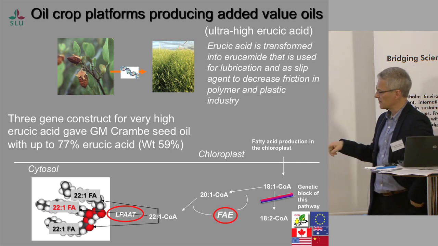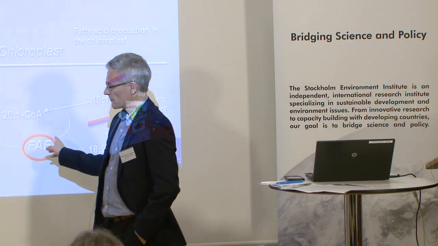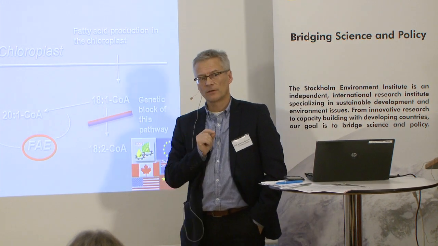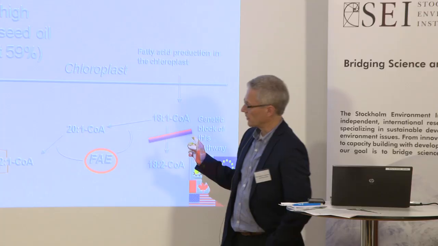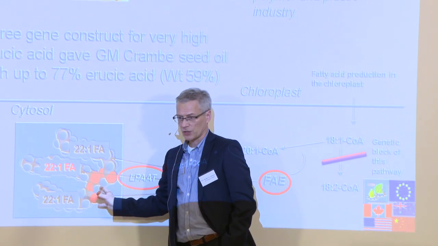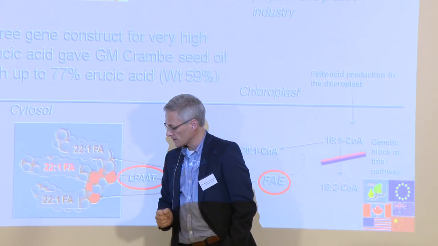That was also done in the same way, transferring into the plant specific enzymes. And the key for success in this specific product is to look at the common oil molecule, which is 3 fatty acids like this.